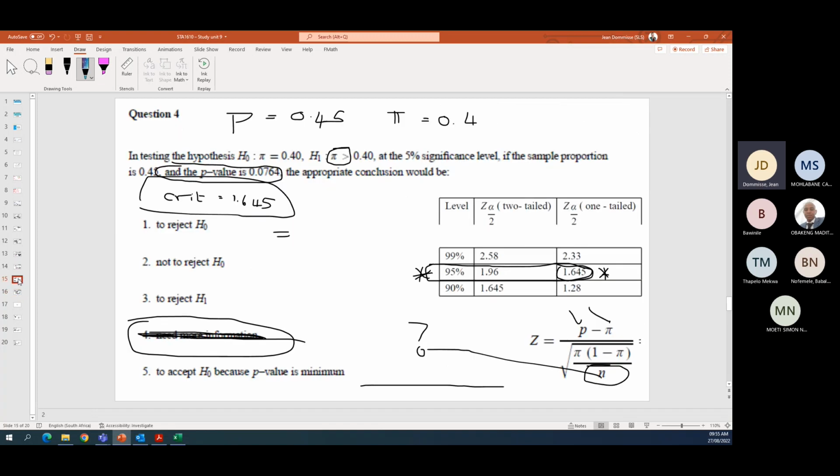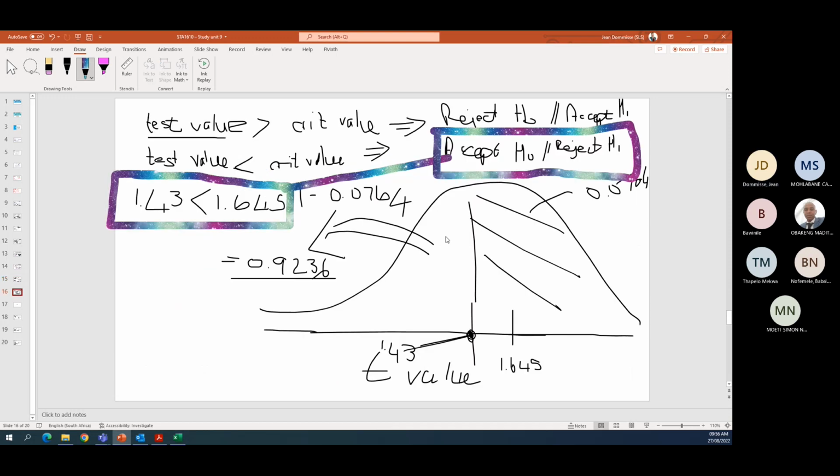Let's look at the options. Reject, no. We said we accept the null hypothesis or reject the alternative. Do not reject, that is exactly the same as accept. We reject the null hypothesis, it's just the alternative. We reject the alternative.